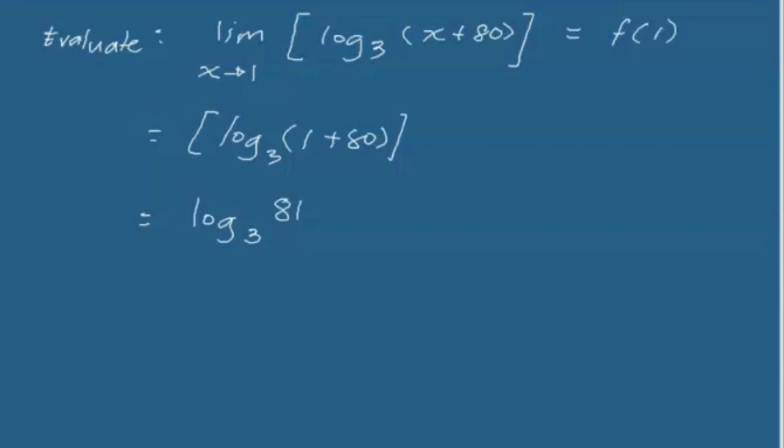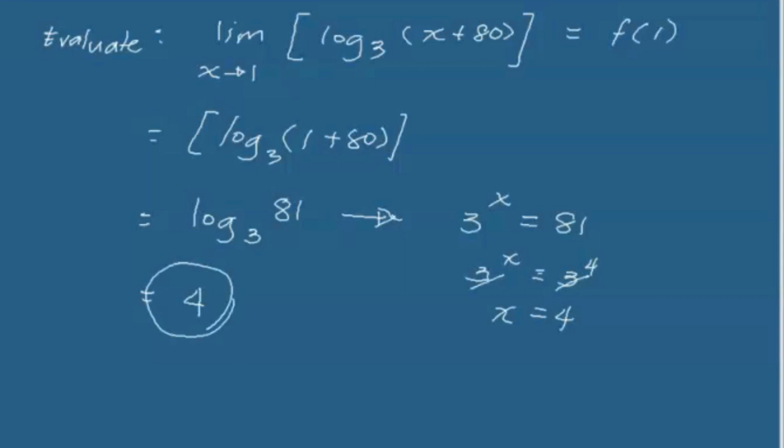In other words, we can rewrite this using exponential function. Base 3, what would be the exponent to give the answer 81? So 3 raised to x, and 81 is 3 raised to the 4th power. So therefore, x is equal to 4. So in this case, the logarithm of 81 base 3 is equal to 4.